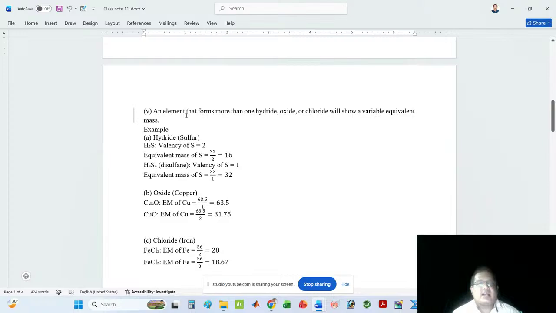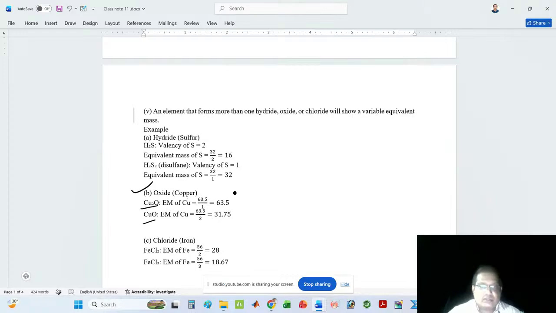An element that forms more than one hydride, oxide or chloride will show a variable equivalent mass. Obviously, if an element forms more hydrides, oxides, or types of chlorides, then it has different valencies. If it has a different valency, then the equivalent mass must change. It has two or more equivalent masses. Take a simple example first, oxide. You know Cu2O and CuO.